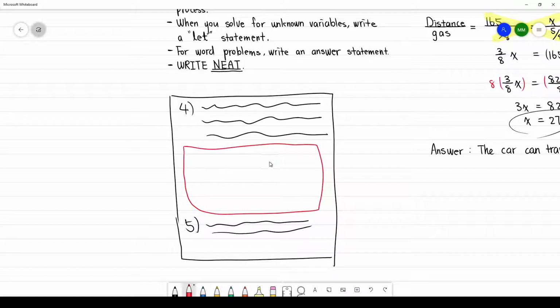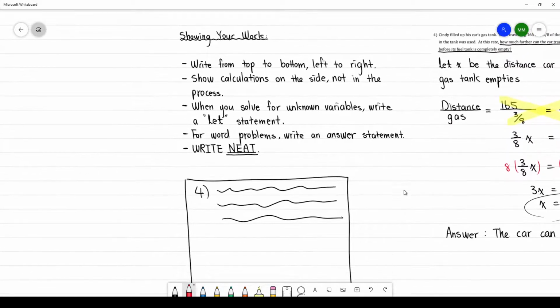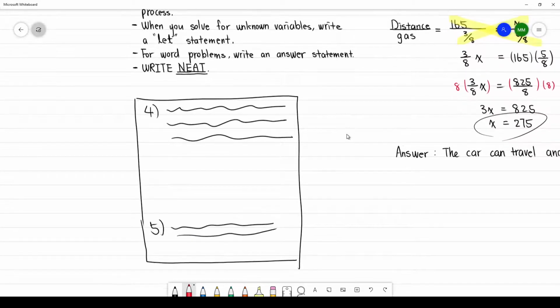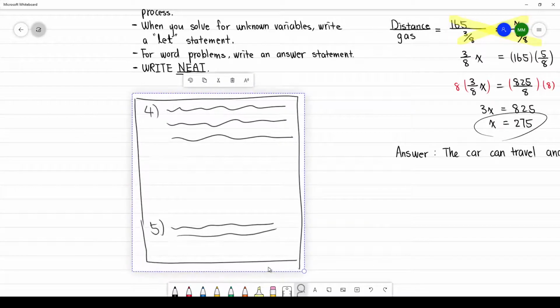Yes, sometimes you have to write a lot, and you might have to use a separate page. But when the teacher writes the question, the teacher most likely gave you enough space. So if you have to use extra space, that either means you're doing the question wrong, or you're not showing your work neatly enough, or you're showing extra things that you don't need. So while you have to show all your work, you have to try to keep it concise so that it just fits into the space over here.